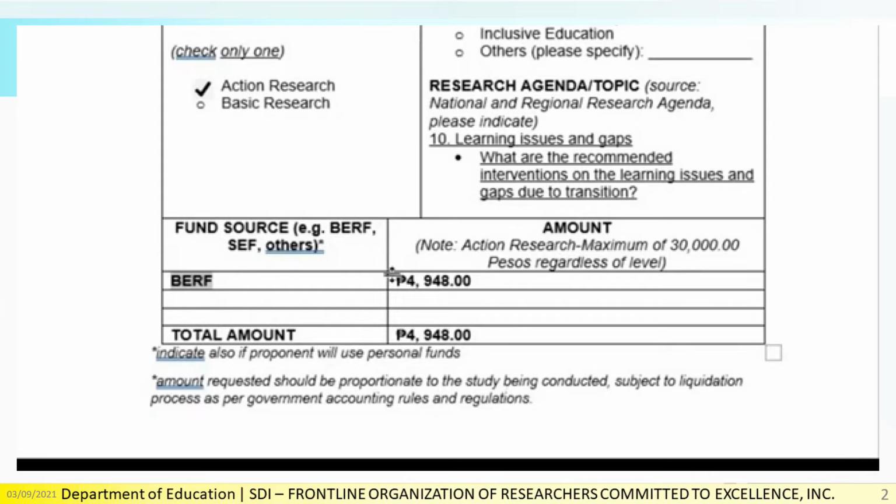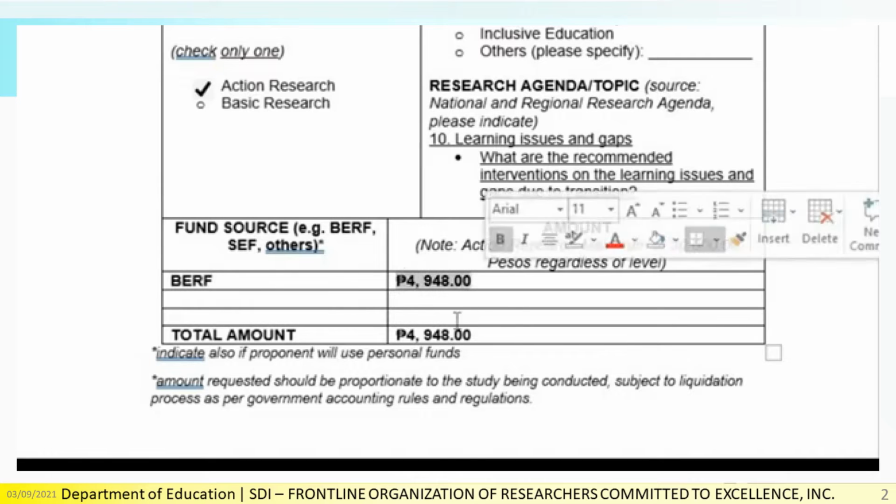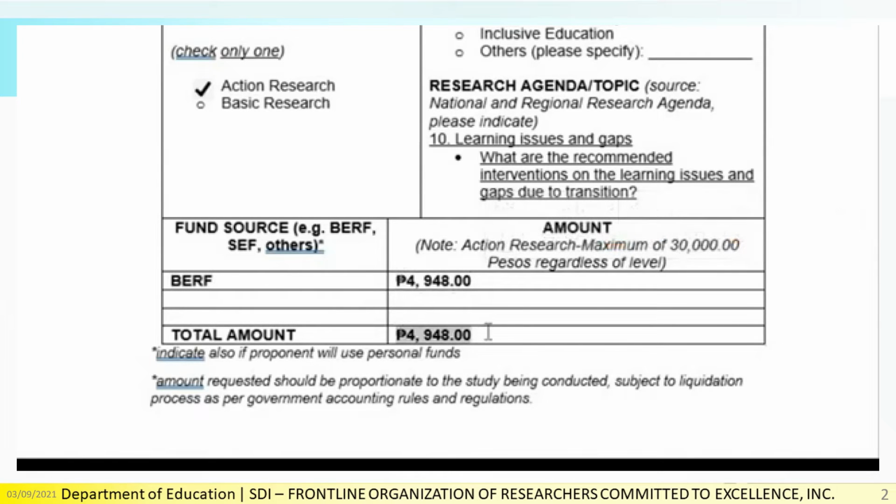Then you write the amount here. The amount should be consistent with the amount that will be reflected on your cost estimates. So you have the amount, BERF, the amount, as well as the total. So we have here the sample.